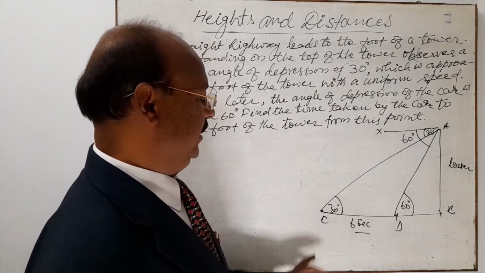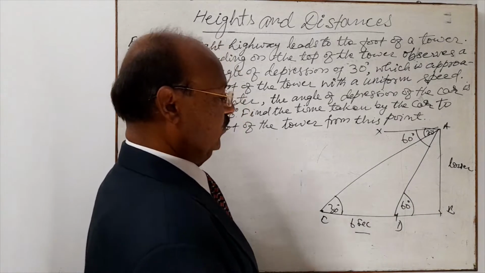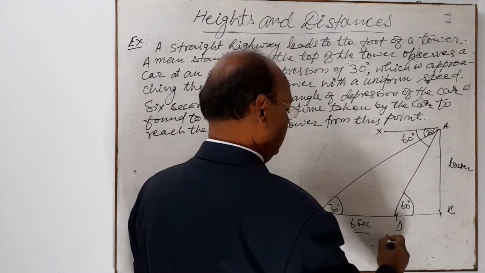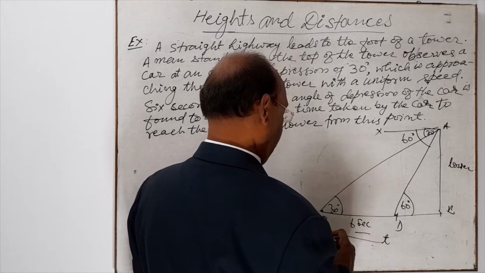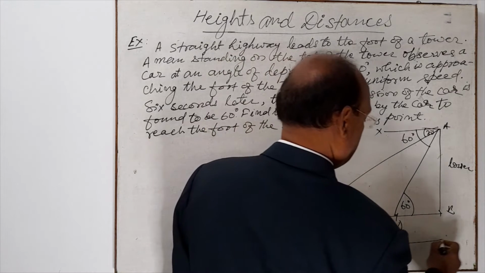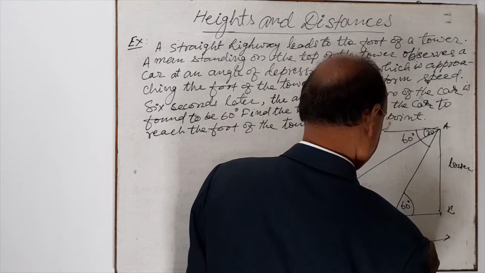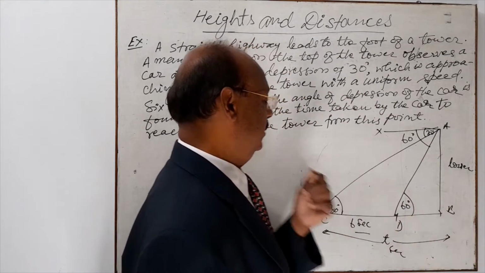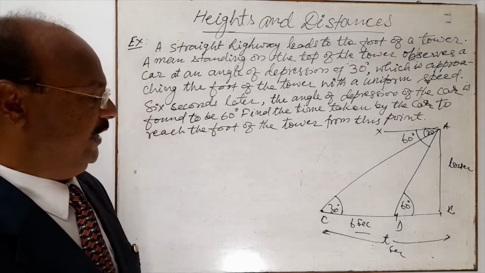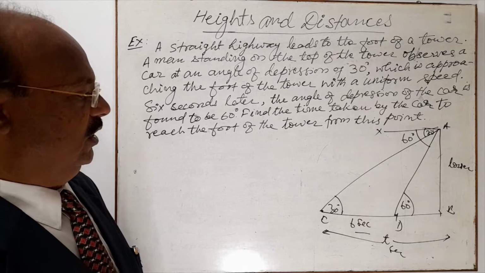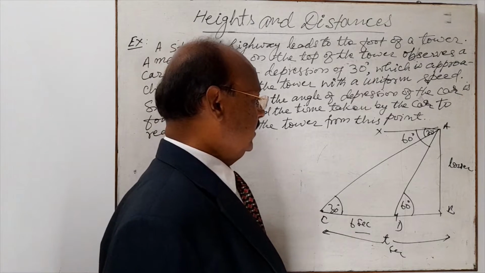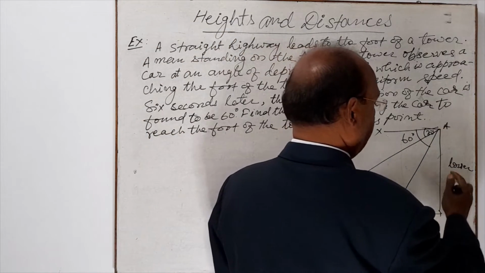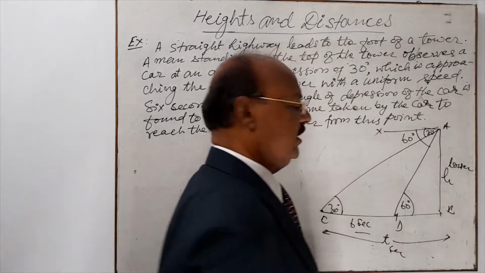So we have to find out the time taken to reach from C to B. Suppose this time is T seconds when the car reaches from point C to point B. We have to find this out. Correct? Now, one more thing. Suppose the height of the tower is H here.